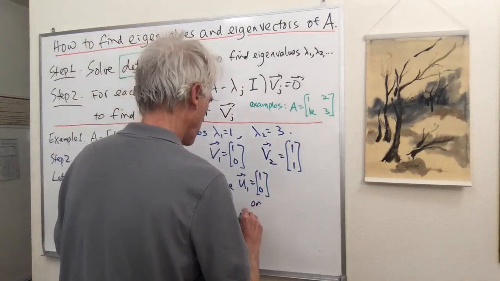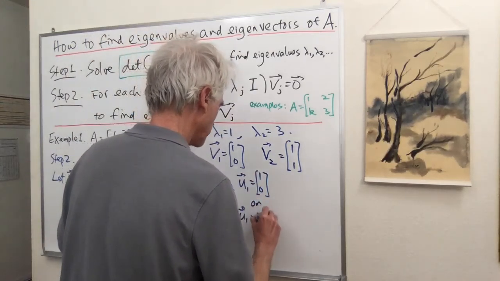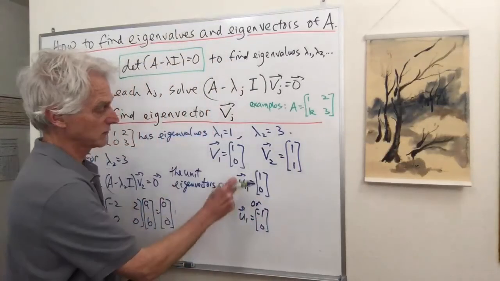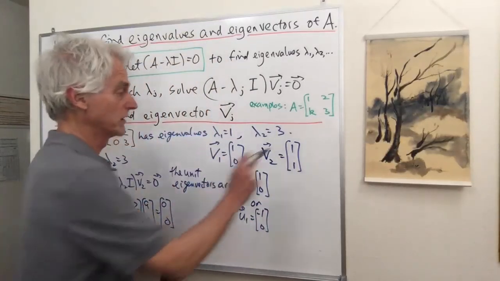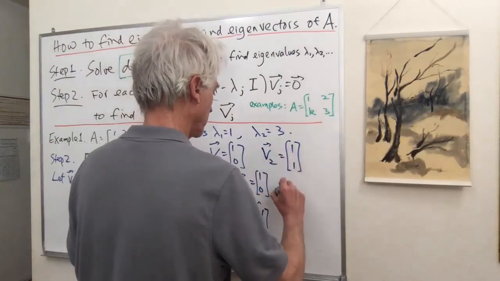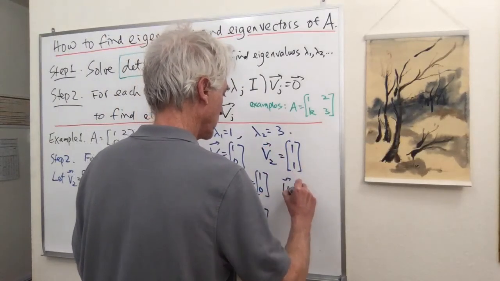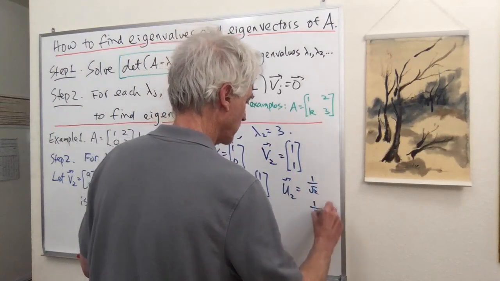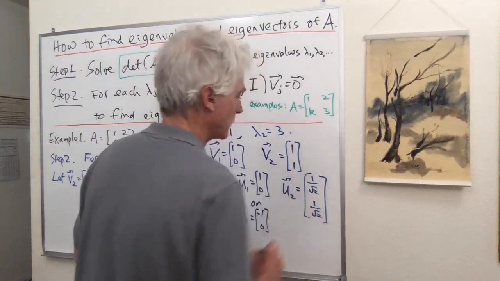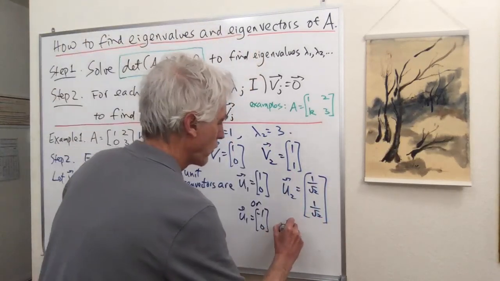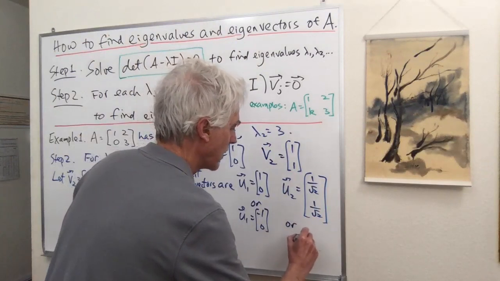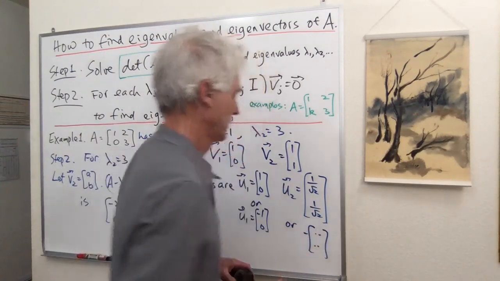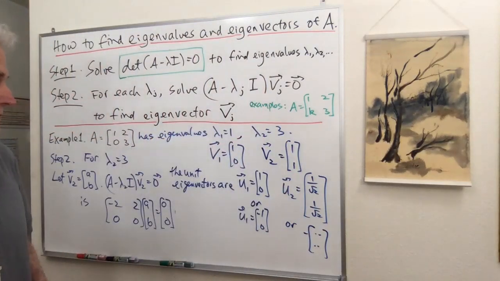Or I could take U1 as negative 1, 0. There's only 2 unit vectors with eigenvalue 1. And then the other one, for V2, I get unit vector U2 is 1 over square root of 2, 1 over square root of 2. Okay? Or possibly negative that same thing. Okay? All right.